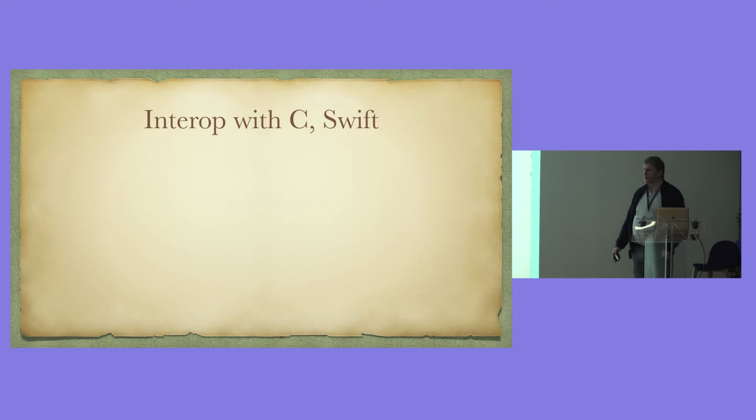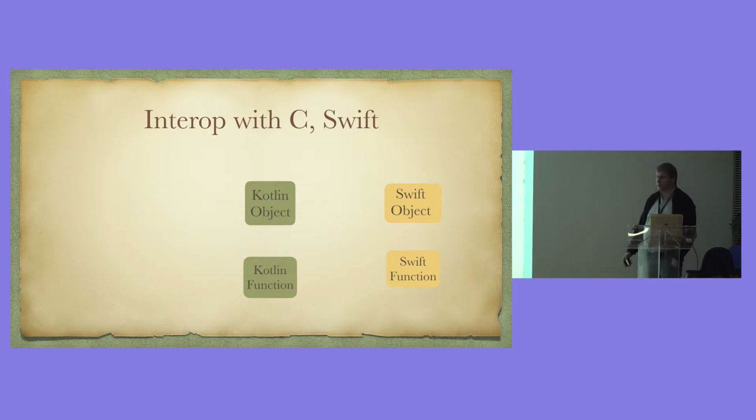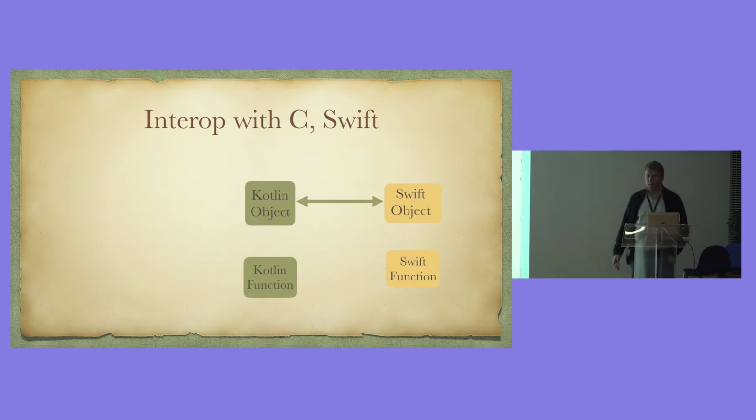A very important part of Kotlin Native is interoperability. Every Kotlin program has Kotlin objects and Kotlin functions, but that's not enough. We need to be able to interoperate with Swift objects and Swift functions, in multiple ways. For example, a Kotlin object must be able to extend Swift classes, encapsulate references to Swift classes, and the opposite: a Swift object must be able to refer to a Kotlin object.